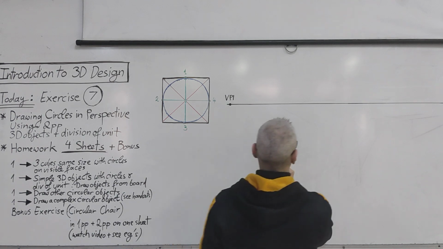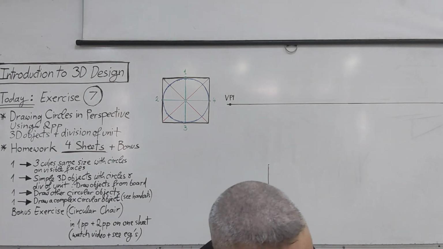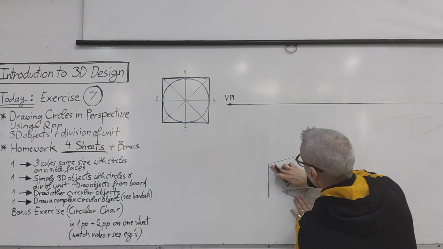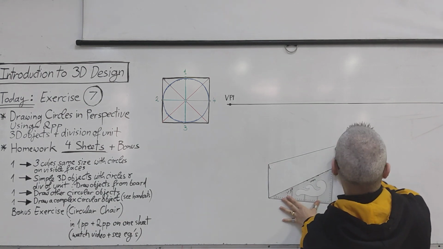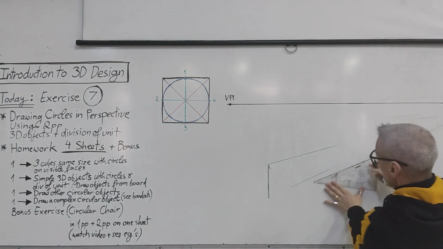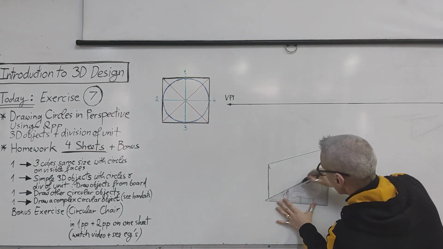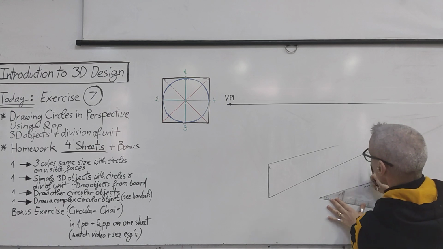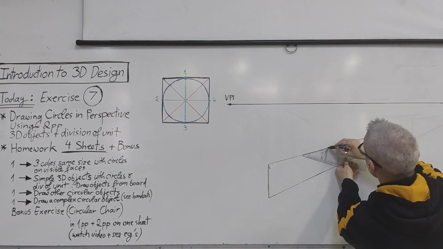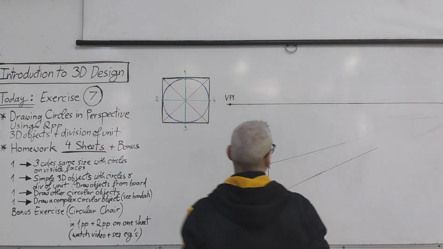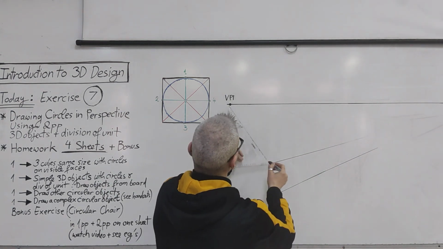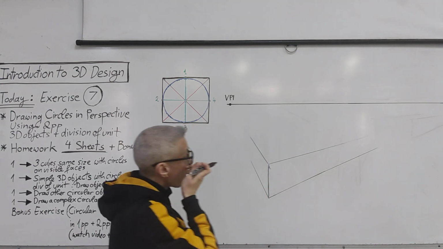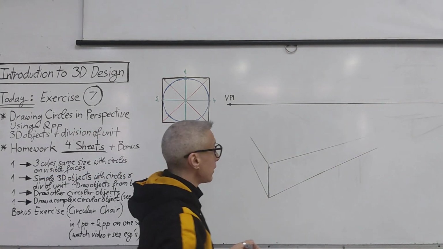Now, I will take this from here and here to the vanishing points. And from these points to this vanishing point. Now, I'm not going to draw a cube. Okay, I don't need a cube.